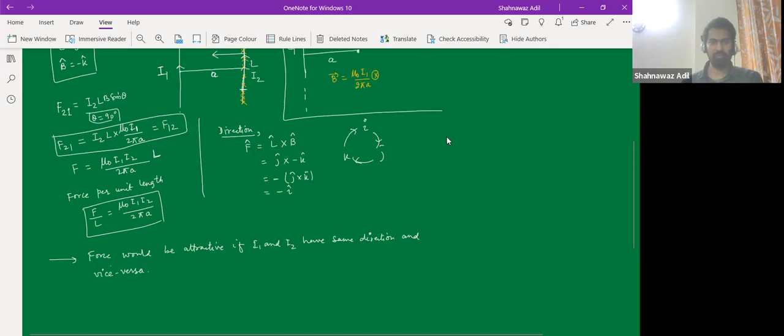Yeah. So whenever you guys have noted it down, then we'll do one question to understand the thing, and then we'll go to the torque part.